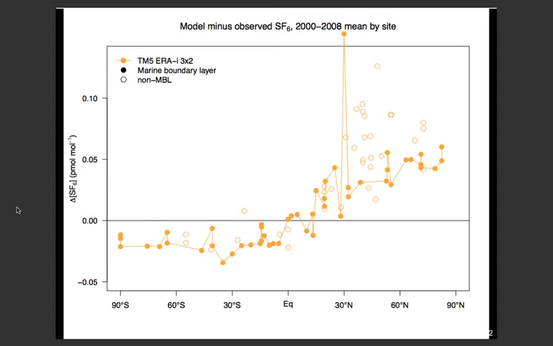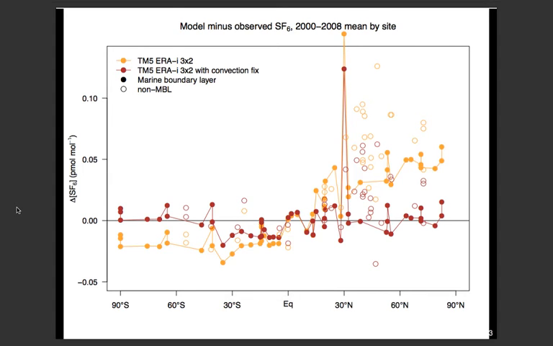It turned out to be a problem re-implementing convection in the model. Once that convective transport fix was implemented, we had this revised result. By the way, the peak at 30 north is very close to Los Angeles, so it's probably a local contamination source. But there's no significant interhemispheric gradient in this residual now.